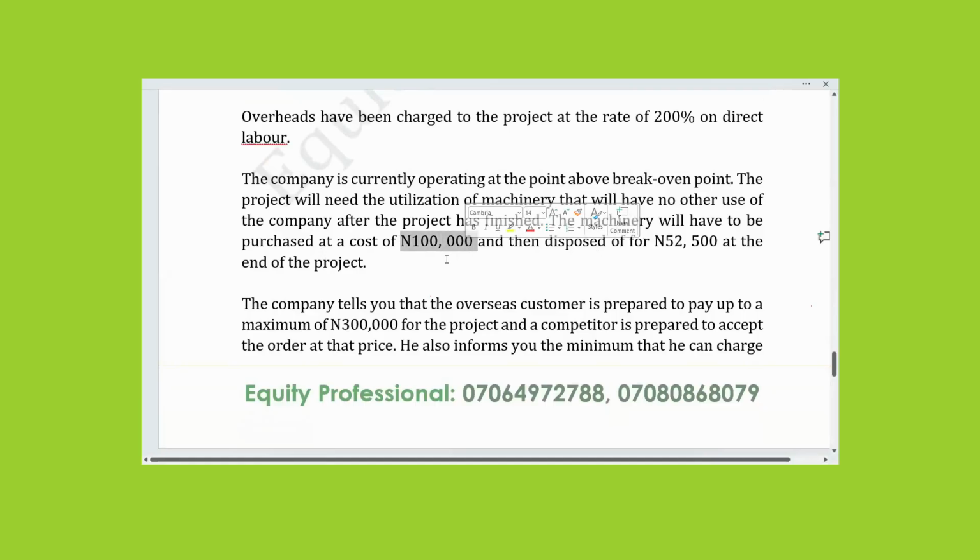Of course, that 100,000 naira is relevant. However, at the completion of the project, machinery will be disposed of for 52,500. Therefore, technically, how much has been incurred on the machinery? It has to be the difference between 100,000 and 52,500.